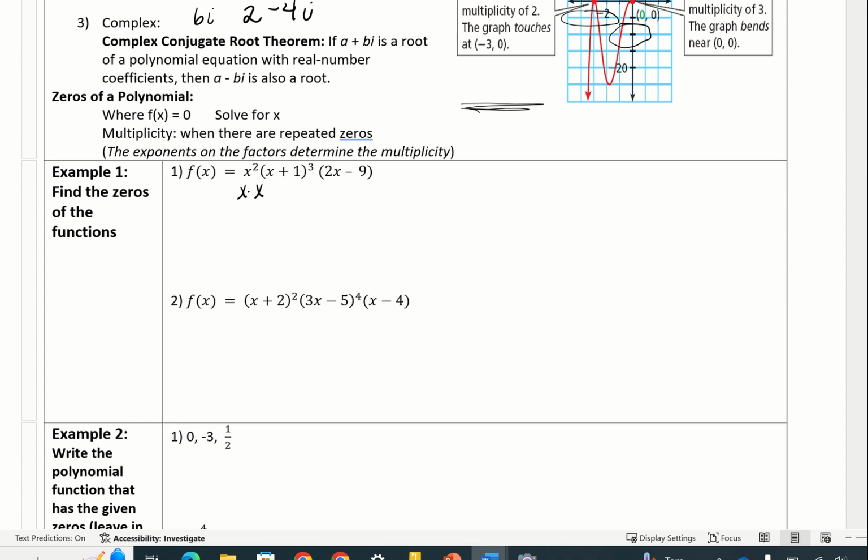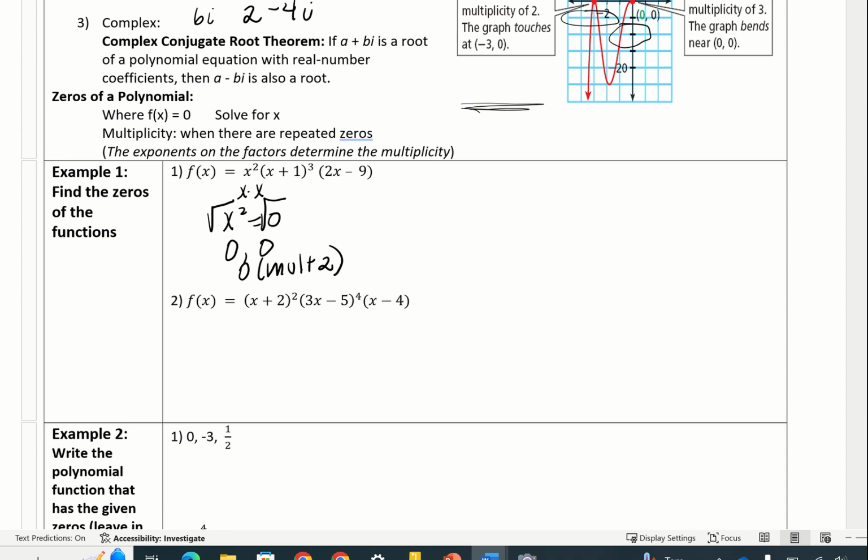And that's why that multiplicity is counted twice, because when we set x squared equal to 0, we square root it. And there's no such thing as a negative or positive 0, but it could be the first one 0 or the second one 0. So 0 is our answer twice, or we can say 0 with a multiplicity of 2.